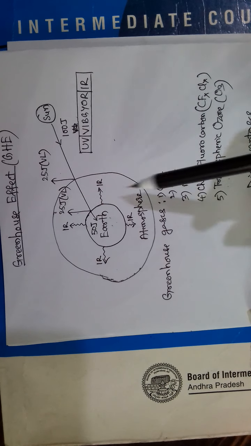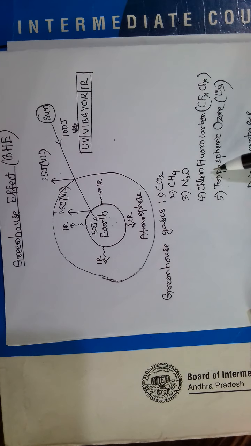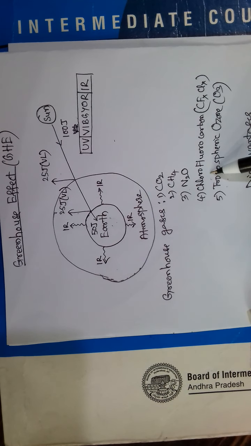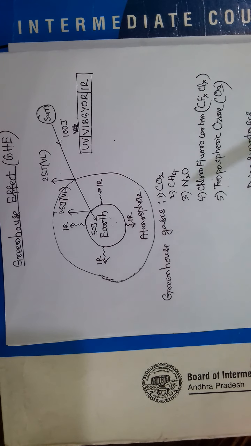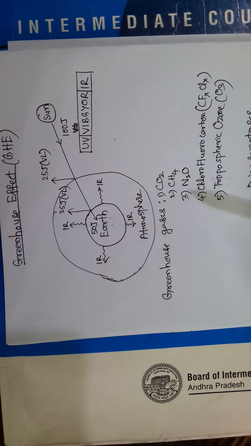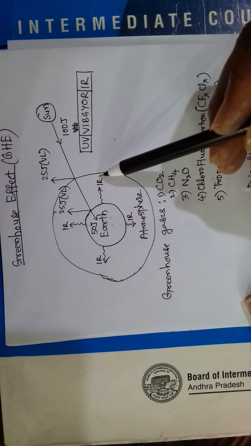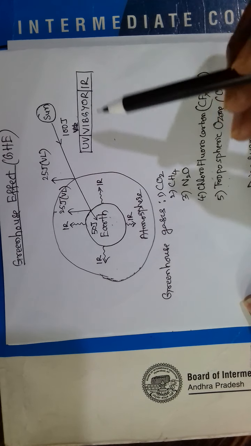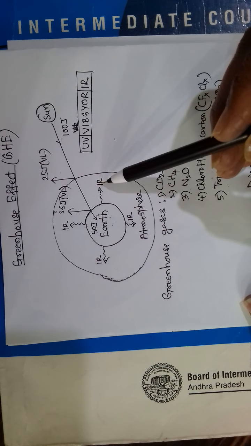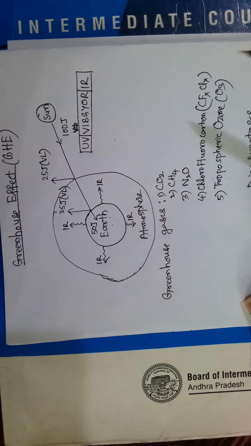After absorbing the IR radiation, they re-emit the same radiation in all directions. So half of the IR radiation will go to space, and the remainder is again redirected to earth.